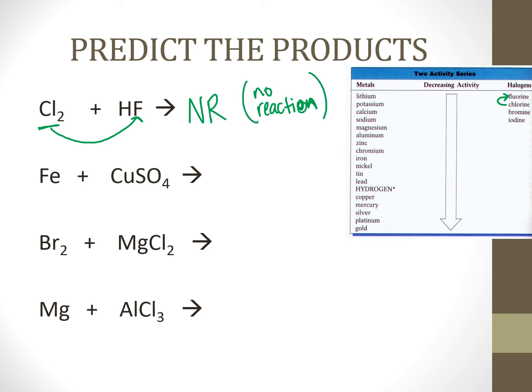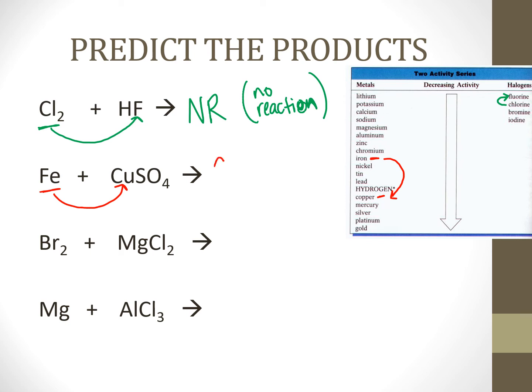All right, let's look at iron plus copper(II) sulfate. Iron is a metal. It's going to try to replace copper. So go to your list. Iron is here. Where is copper? Down here. Okay. So iron's going to try to replace copper. It can because it's higher on the list. Okay.